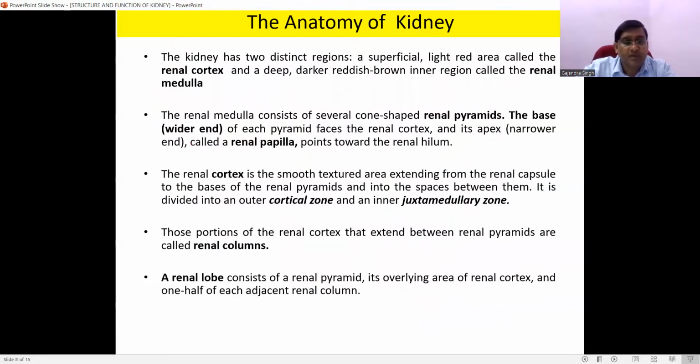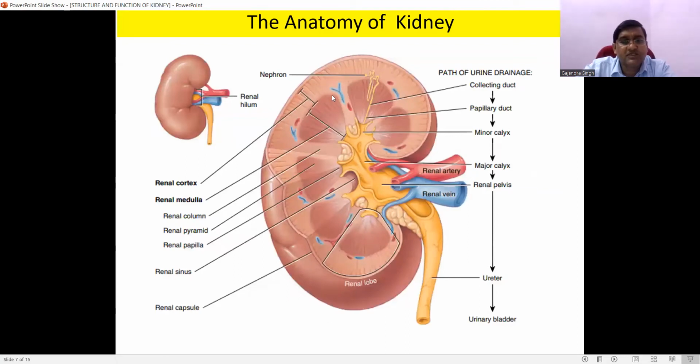Now we have understood these points. These are about the regions of the kidney: renal cortex and medulla, then pyramids, the renal papilla. There is one more region we can see here, the region which is near the base of the pyramid. This is known as the juxtamedullary region.